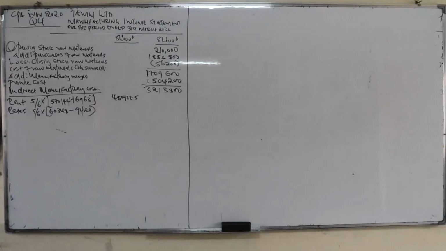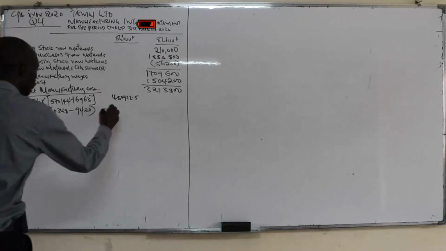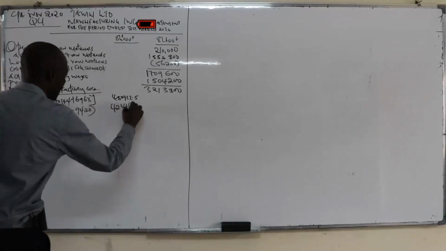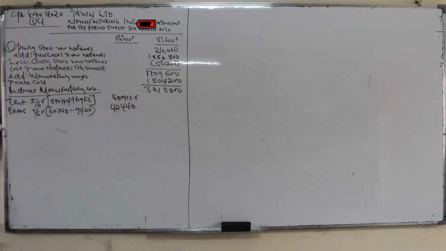How much do you get? 42,440, like that, isn't it? That is rates. And then we have insurance. So insurance, 5 out of 6 in bracket.